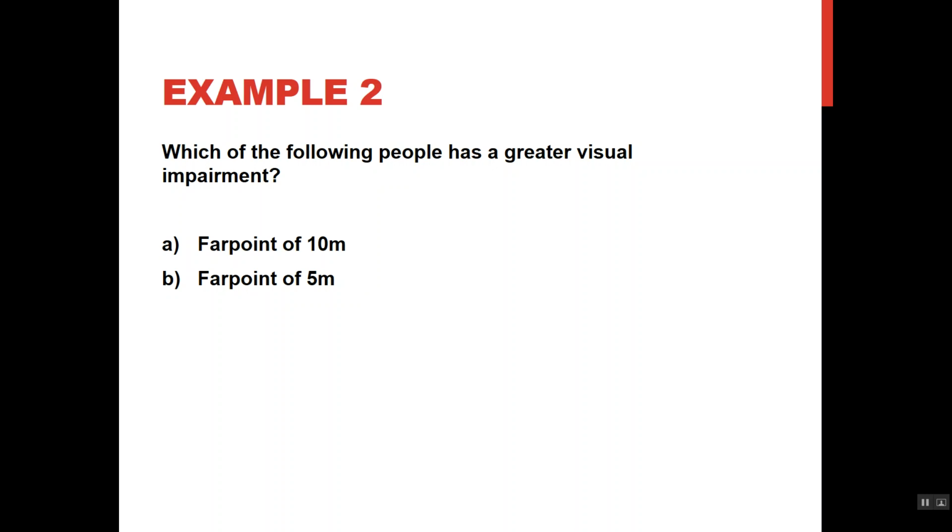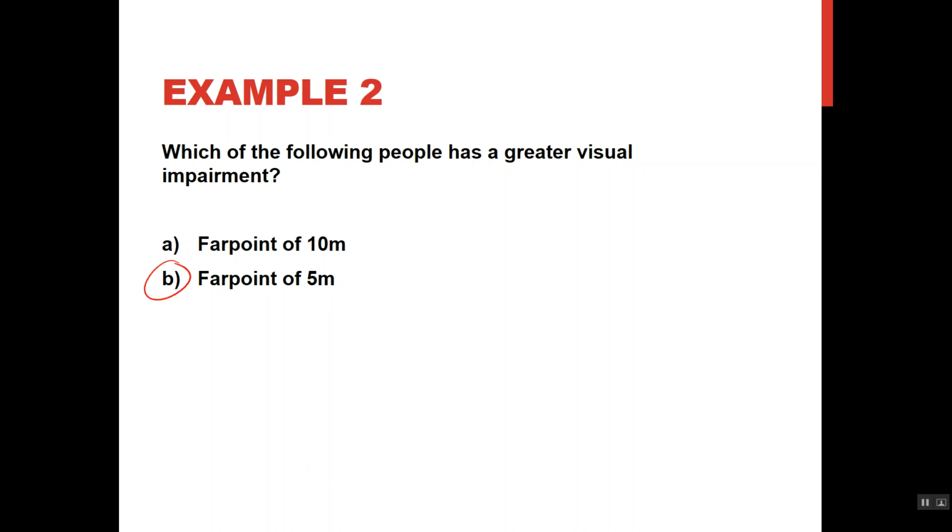Why? What is a far point? Can you just define it to me again? It's the point at which you can't see anywhere. So at 5 meters, it's considered to be comfortable, whereas at 10 meters, if someone is old and let's say they're looking at something far away. So yeah, you're right. So 5 meters would be the stronger one.